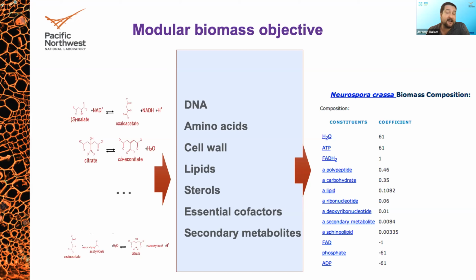So we included the secondary metabolites module in the biomass objective when predicting wild-type fluxes. On the other hand, secondary metabolites are not strictly required for viability, so we removed this module from the biomass objective when predicting gene essentiality.